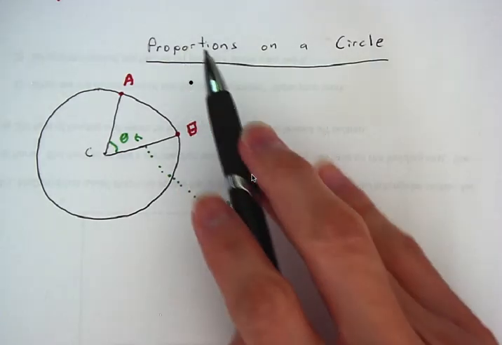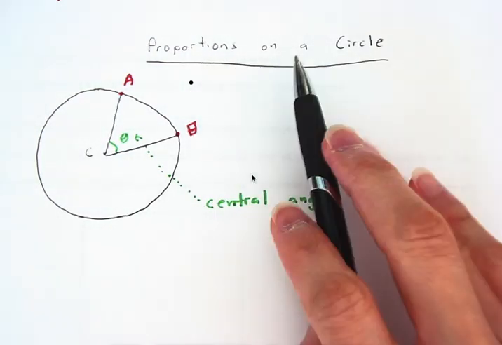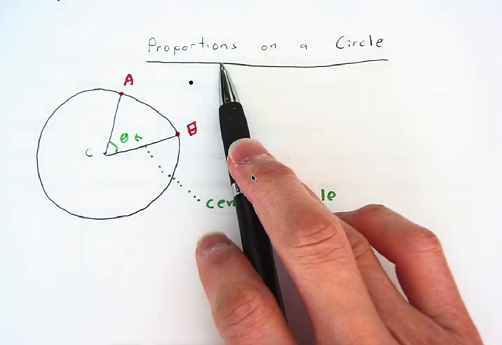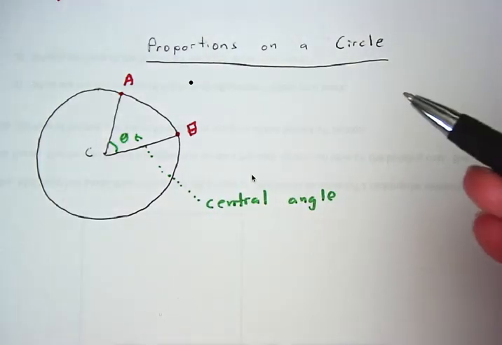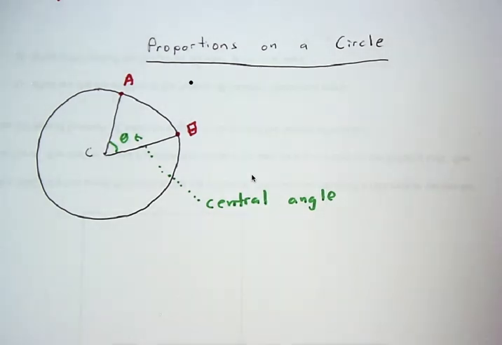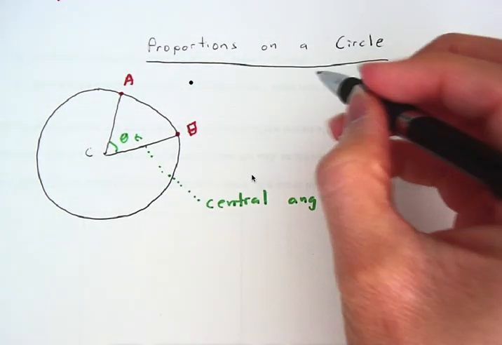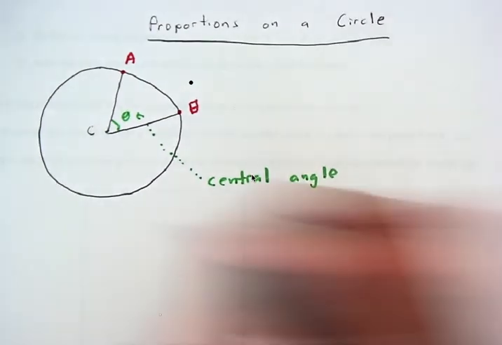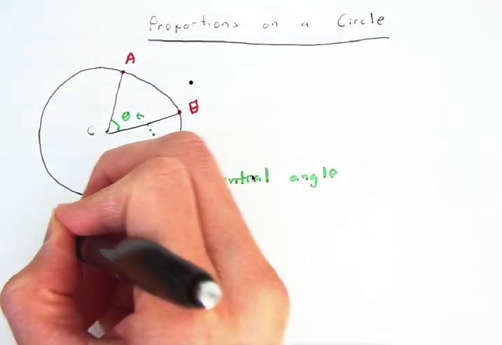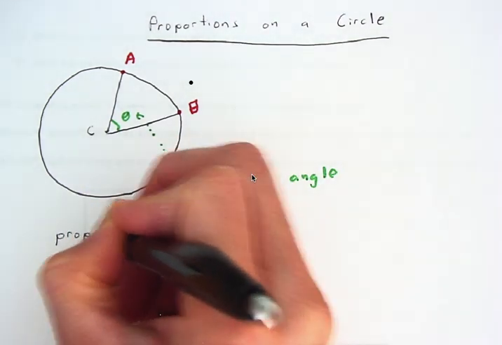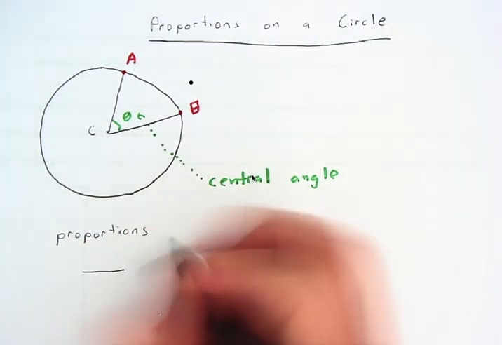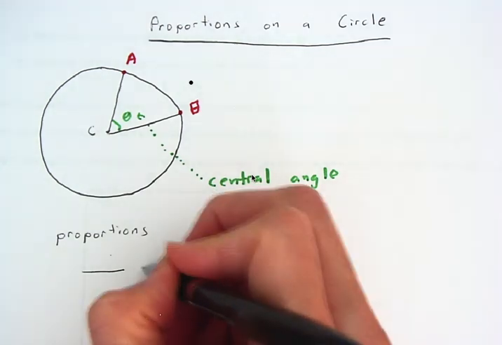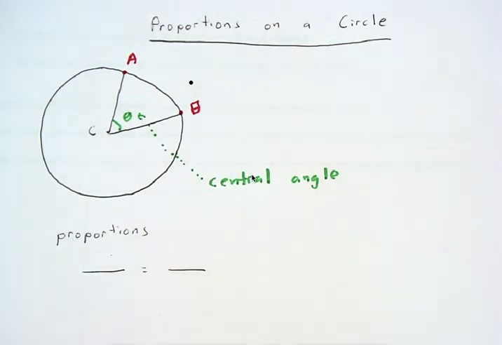Okay, and if we're going to talk about proportions in a circle, let's remind ourselves what the word proportions is. Proportions is a ratio between two things. So whenever you hear the word proportions, we're talking about something divided by something equals something else divided by something else.